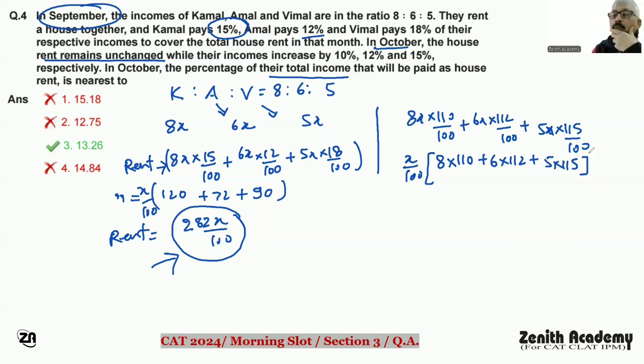So out of this total new income, the rent is the same in the month of October as it was in September.